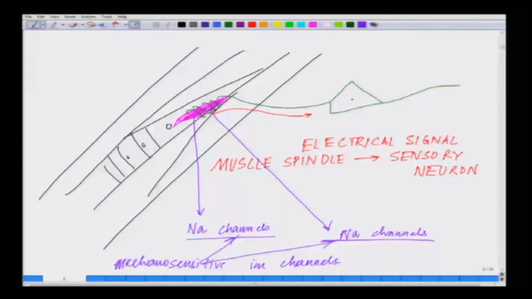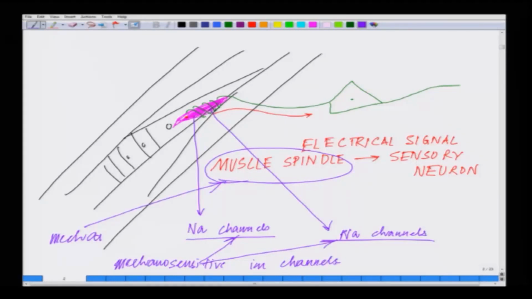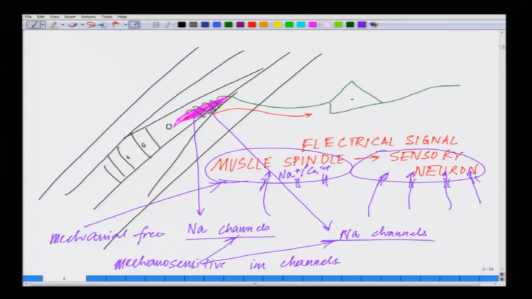This muscle spindle is getting a mechanical force, and this opens up a series of sodium or cationic channels, it may even be calcium, which is not really known, and this leads to the generation of an action potential.